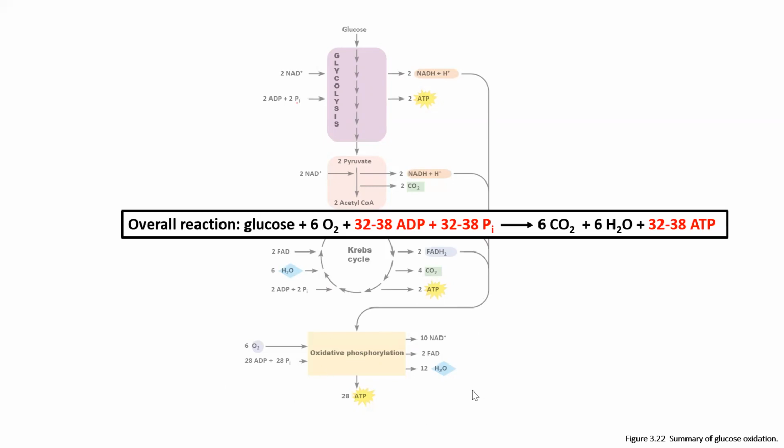Some books will tell you 28, some books will tell you 34, and then the remaining 4 are coming from the other 2 phases, okay? For our purposes, what your textbook uses is the value 28, okay? So 28 from oxidative phosphorylation, giving us a total value of 32 ATP. All right.